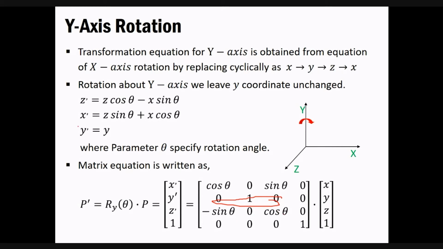And similarly for x dash, we put the same thing in matrix form, that is cos theta and sine theta. All of this needs to be multiplied with the coordinates on which you want to perform your rotation, and once you perform it, you will get the resultant point after the rotation.